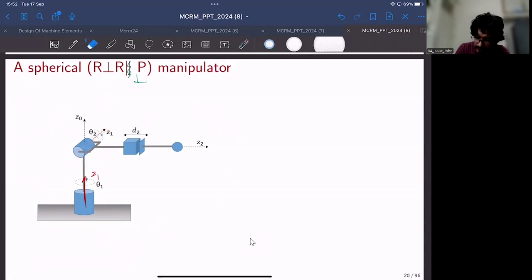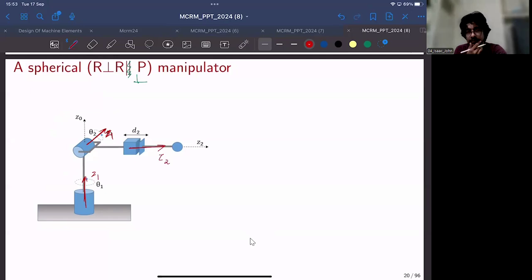Maybe as per the question, we can actually have it like this, no problems at all. And Z2, since it is a prismatic joint, Z2 would be along the axis of translation. And you also need one more frame of reference for the ground, that is Z0. You can consider this to be coincident.